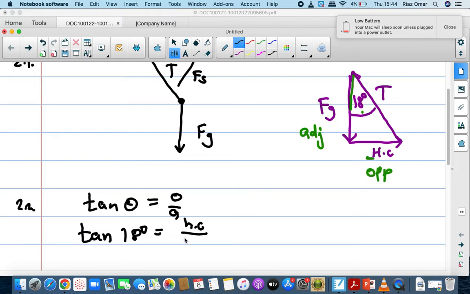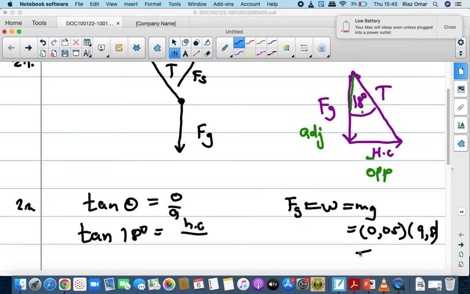And we don't have the force, so we'll have to work it out here. F_g, or W, you can say, is equal to mg. The mass that we have here is 50 grams, so we'll have to change that to kilograms, so it will become 0.05 multiplied by 9.8.